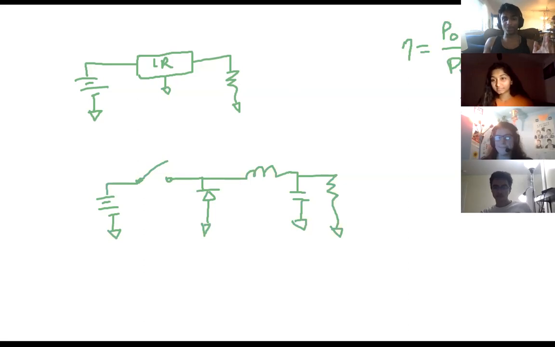Okay, so power equals voltage times current. And we know that our output voltage and current are the same because the load is the same, which means that there's some difference in efficiency or current here and here.